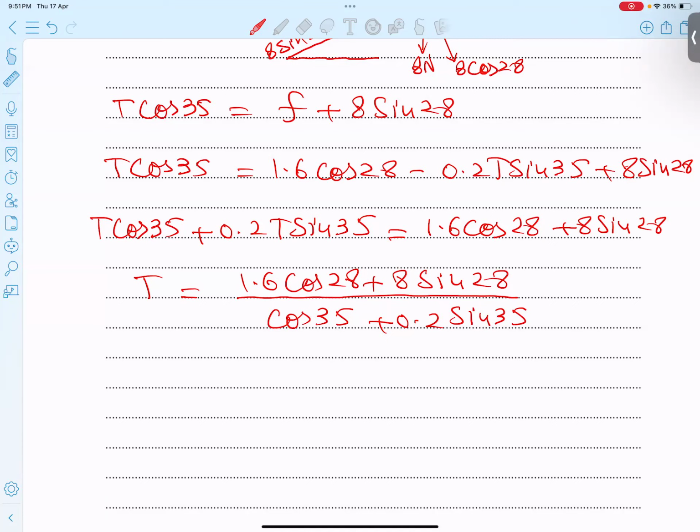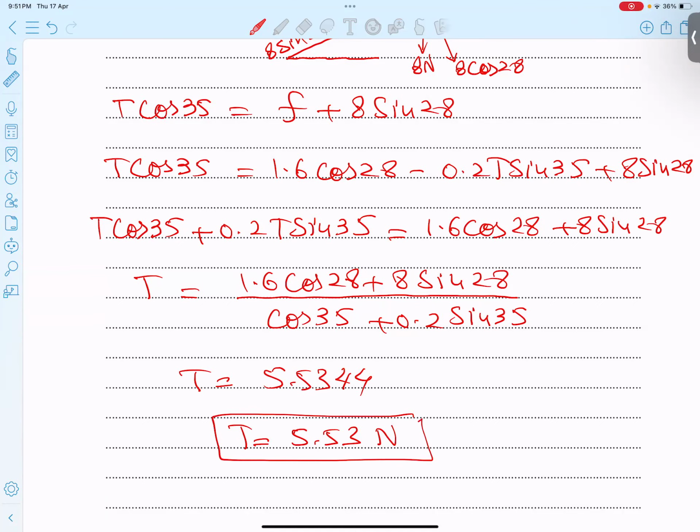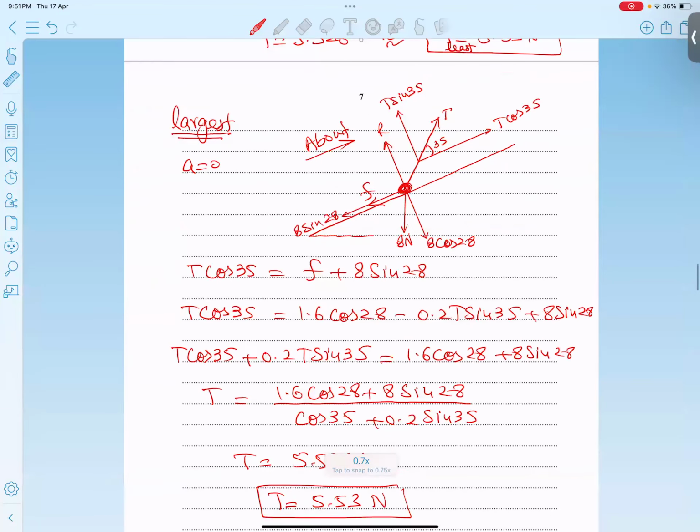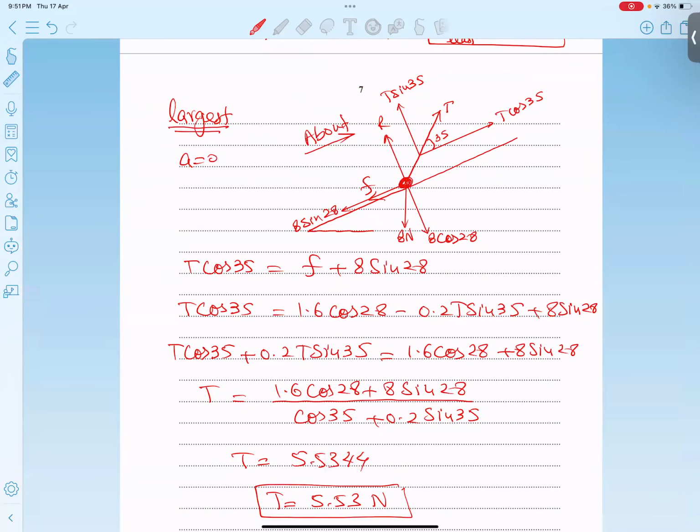And my answer turns out to be 5.5344. If I round it, 5.53 newtons is my answer for the largest. I hope students got the point very clear. And let's go for the next question.